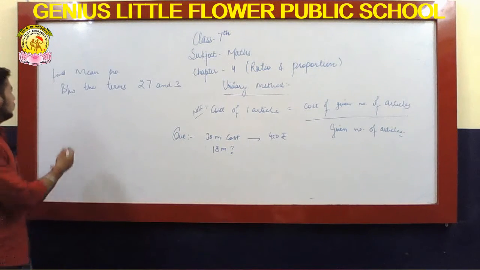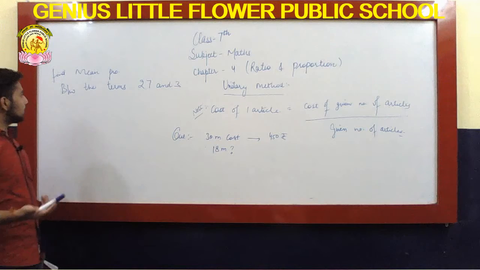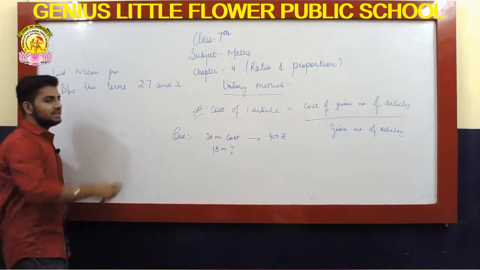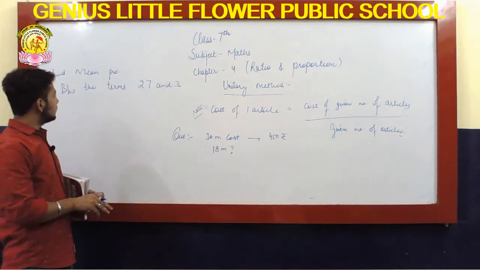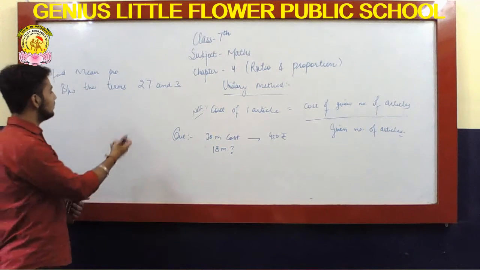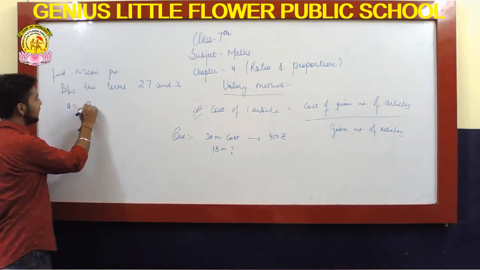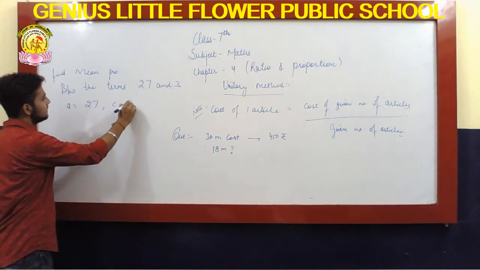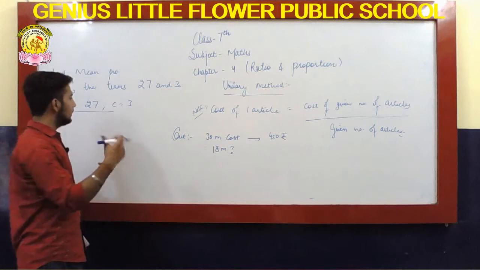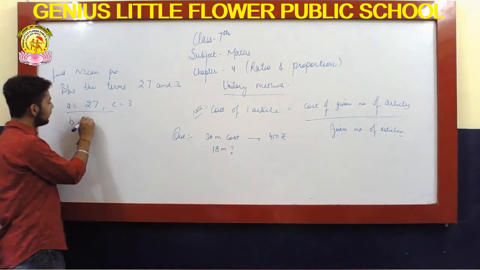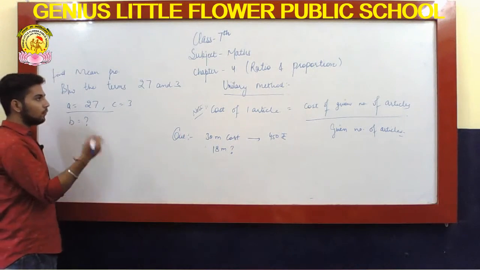Here is the question: we have to find the mean proportional between the terms 27 and 3. If we have terms A, B and C, then A here is 27 and C is 3. As you know, the extreme terms are given and you have to find the middle one. It means we have to find B. So what was the formula?